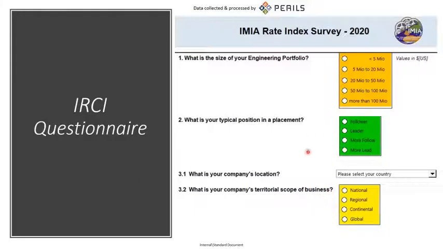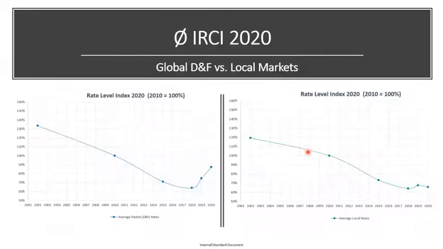And there, as we had more feedback, we could split the local market from the global market, and most likely in 2021 we would like to do this also for the loss ratio. Currently we are only able to do this for the rate changes, where we distinguish between the global direct and FAC market and local markets, and the different behavior of rate changes or rate improvements or rate movements.